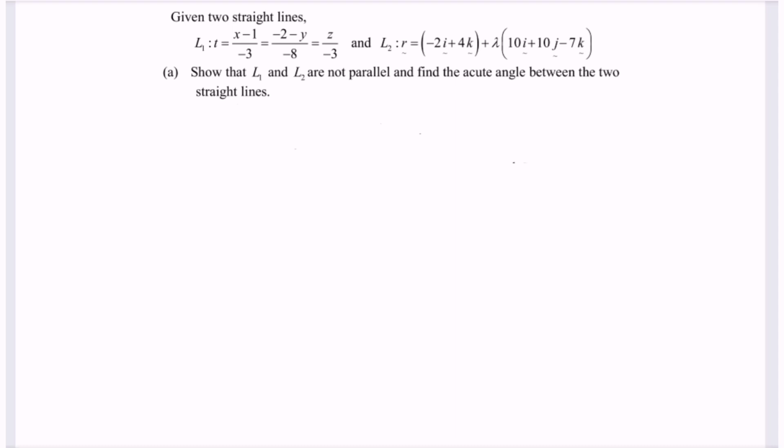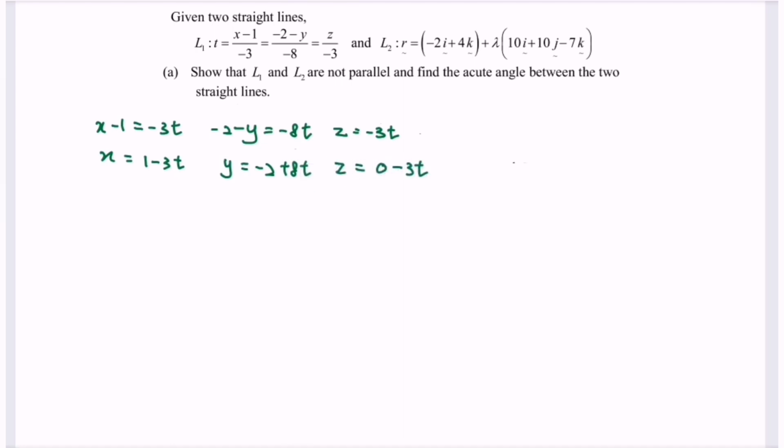equation form. So kindly refer to L1: we have x minus 1 equals negative 3t, negative 2, negative y equals negative 8t, then z equals negative 3t. This is the parametric equation. x equals 1 minus 3t, y equals negative 2 plus 8t, z equals 0 minus 3t.